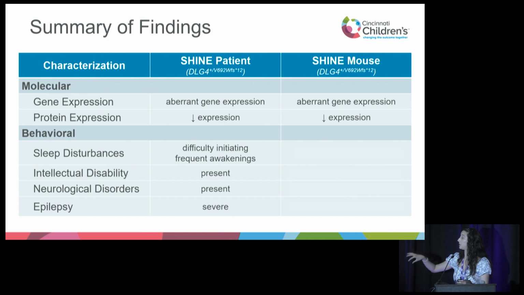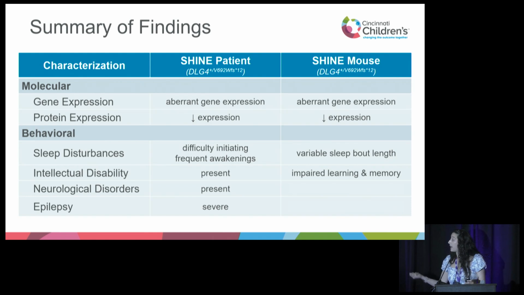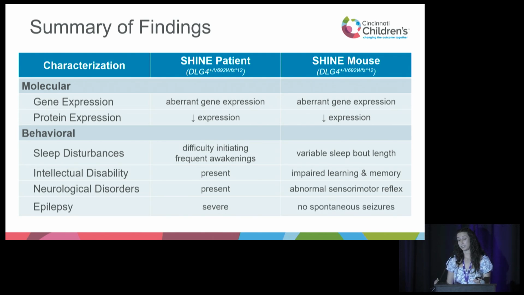While our patient experiences sleep disturbances, our mouse has this interesting variable sleep bout length phenotype that could be affecting their sleep architecture. We see that our mice have impaired learning and memory and abnormal sensory motor reflexes compared to the healthy mice. And currently we see no spontaneous seizures in our mice.